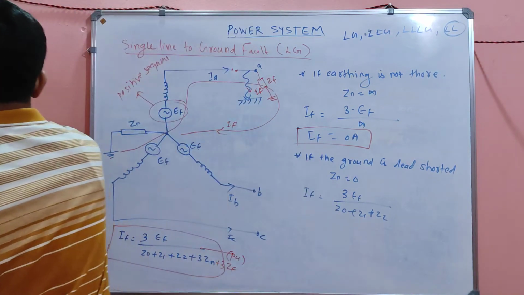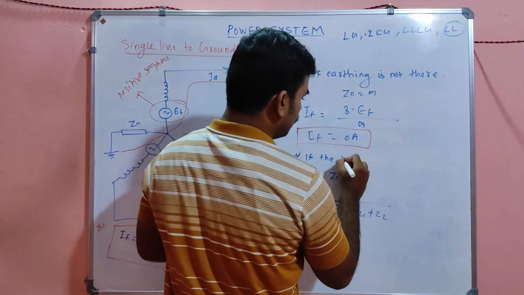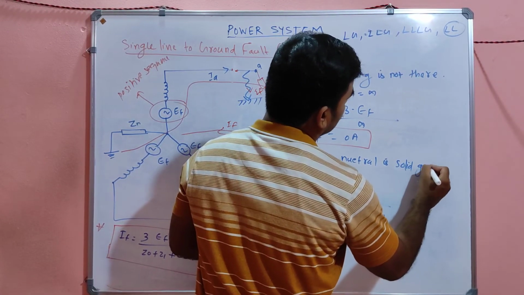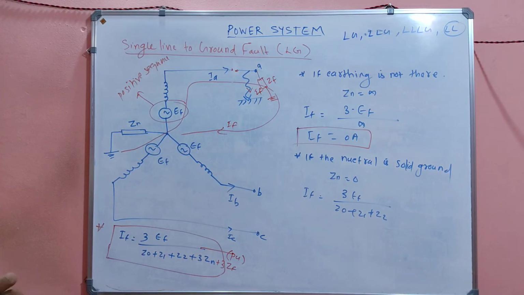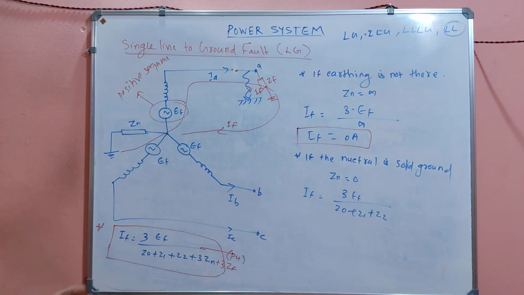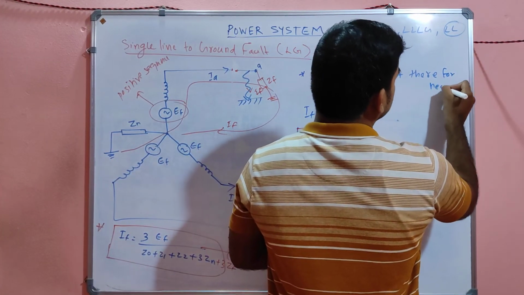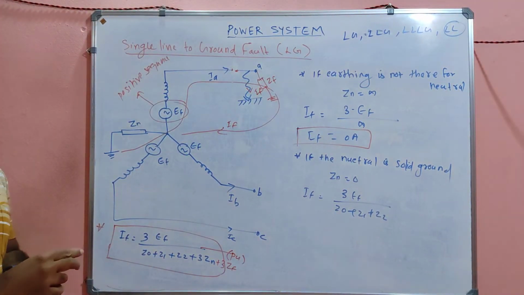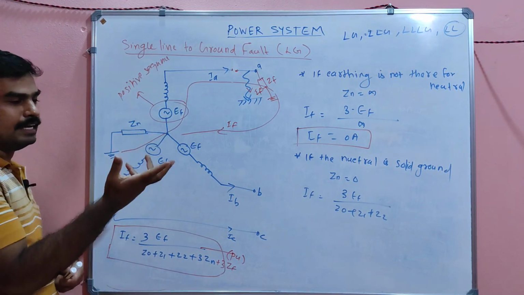If the neutral is solid ground, that means it is simply connected to the ground, so Zn will not be there. If the neutral is not grounded or earthed, then Zn is infinity.